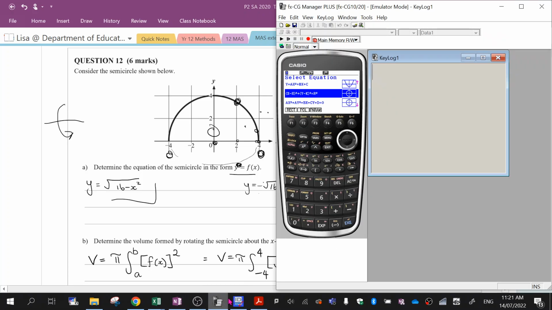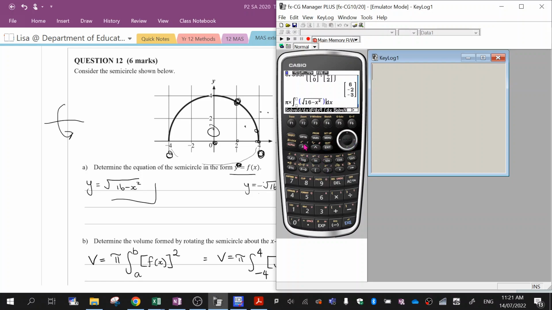From here, we're just going to punch that in our calculators. So menu, we're going to go to that section, execute. Now we're going to go options, calc, integral. Now I'm going to go back to the start here and put my pi symbol in. Pi times. Now I can input my function, square root of 16 minus x squared.